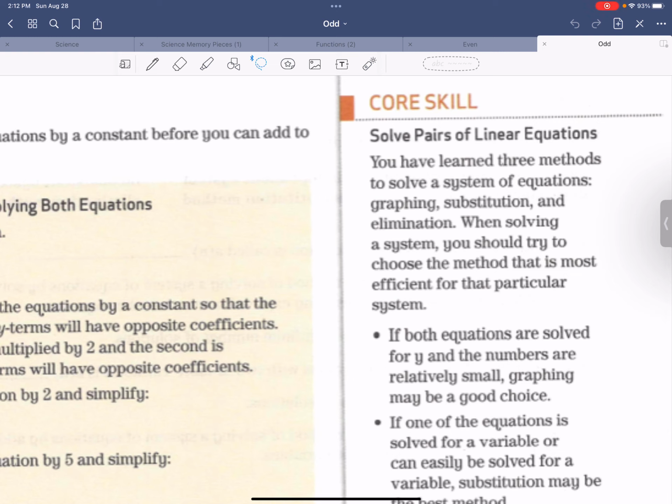You have learned 3 methods to solve a system of equations: graphing, substitution, and elimination. When solving a system, you should try to choose the method that is most efficient for that particular system. If both equations are solved for y and the numbers are relatively small, graphing may be a good choice.